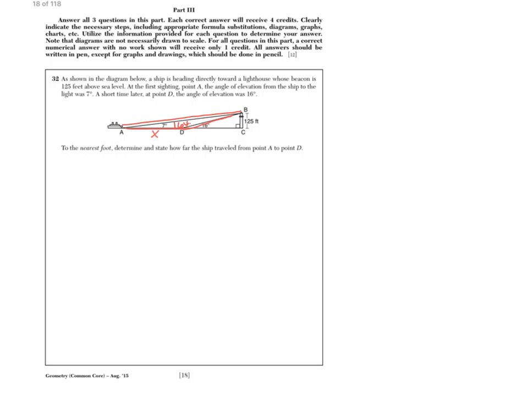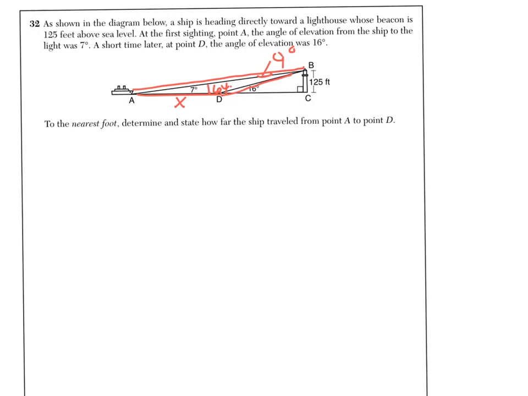And if I subtract the sum of 164 and 7 degrees from 180, I get a difference of 9 degrees, which is my angle measure for ABD. It's a little tight in there. There, I made it a little bit bigger.